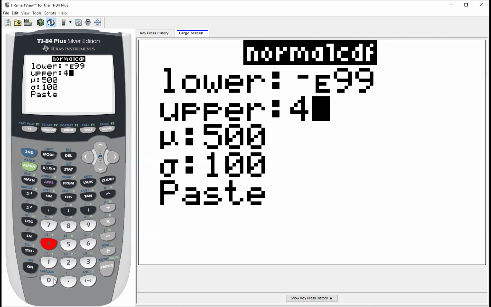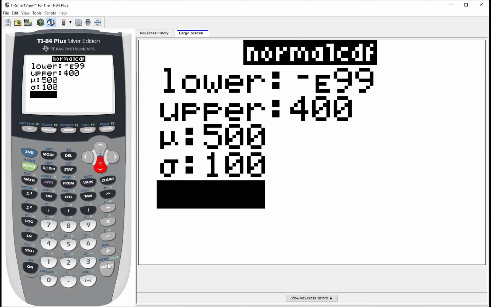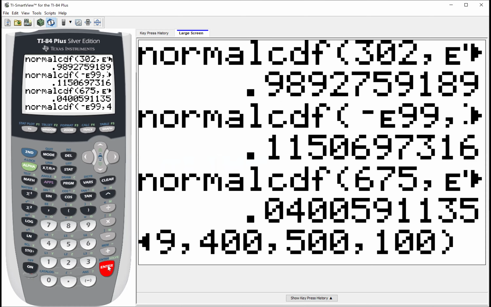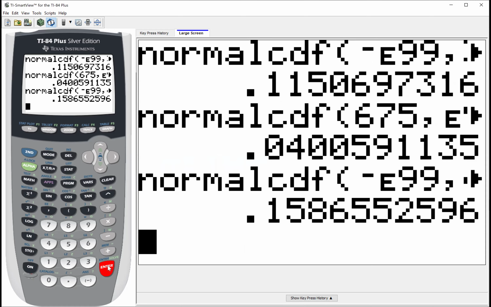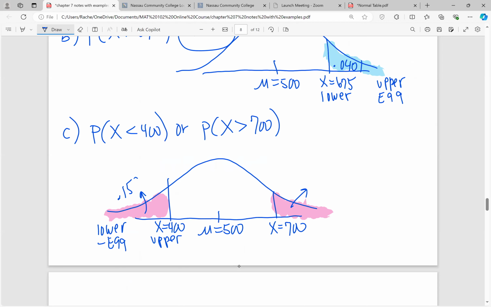And then my upper bound is 400. The mean is 500. Standard deviation is 100. We can paste. To 4 places, that's going to be 0.1587. So I'm going to label that area. This area is 0.1587.